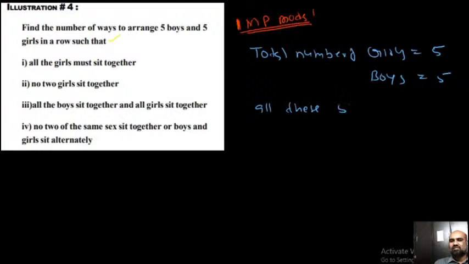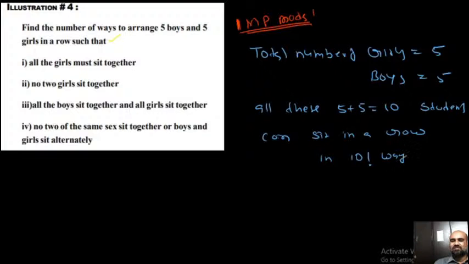All these 5 plus 5, 10 students can sit in a row. In how many ways, Nana? In 10 factorial ways, without restriction. No restriction on arrangement, you can arrange themselves in 10 factorial ways.